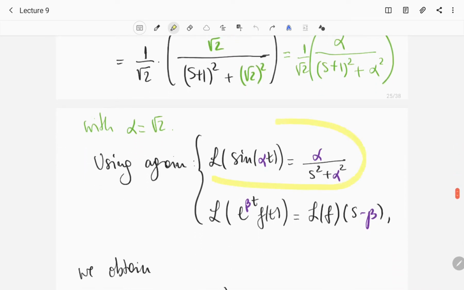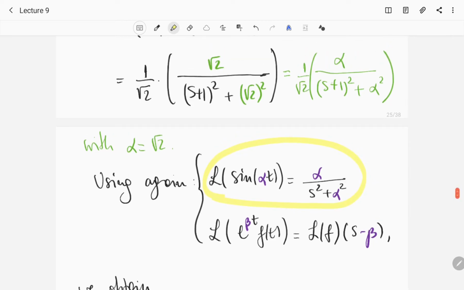And again, this is not s squared as in the original Laplace transform, but it has a plus 1 that can be seen as a minus minus 1, and then we have a shifting, so we have an exponential.